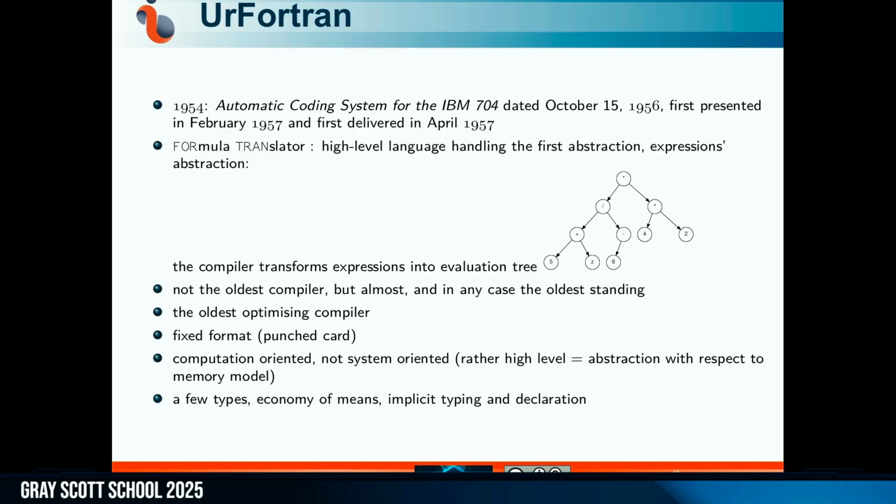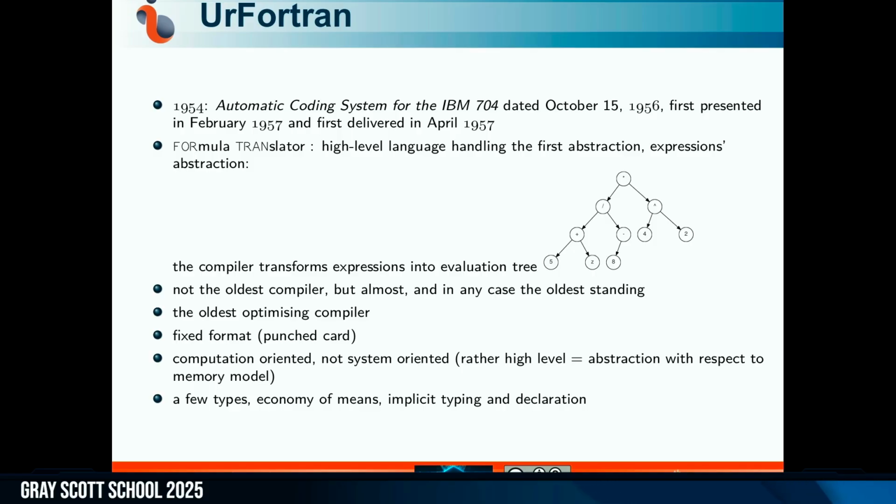Among the things that did not benefit Fortran was its fixed format. It was, as we'll see, on punch cards, and this was not encouraging what we would see as the basis of good software engineering, indentation. When you have less than 66 characters for your line, you don't lose many of them in indenting.